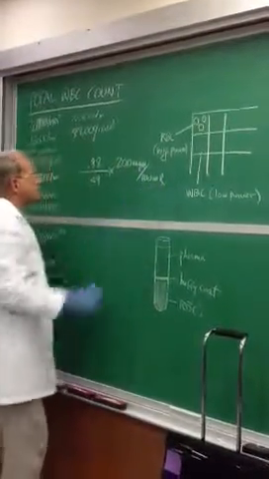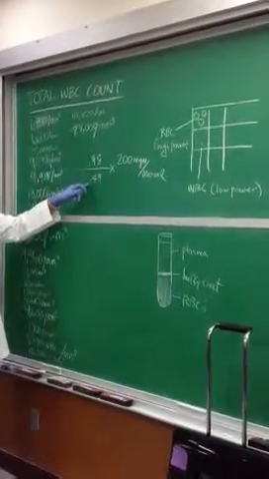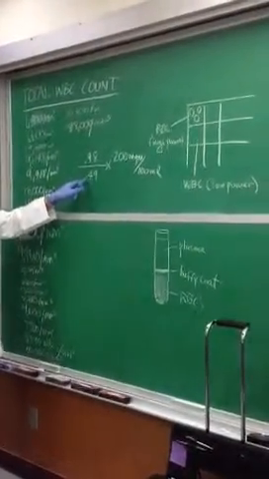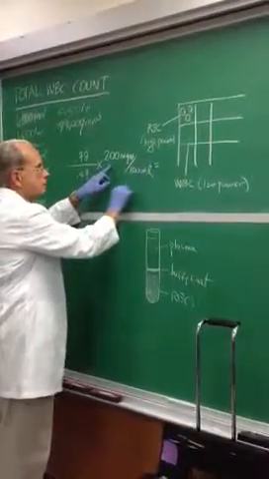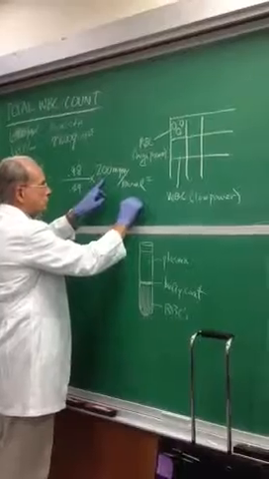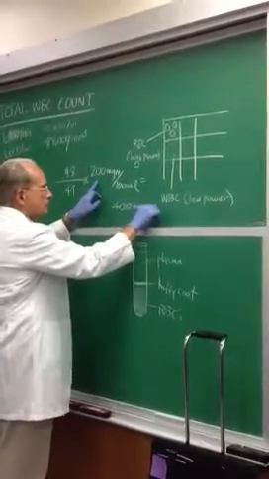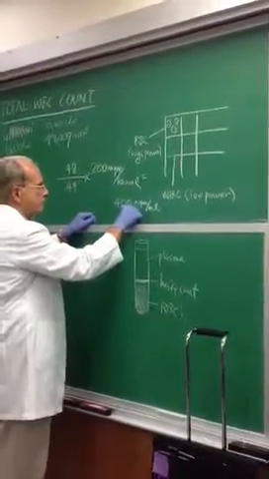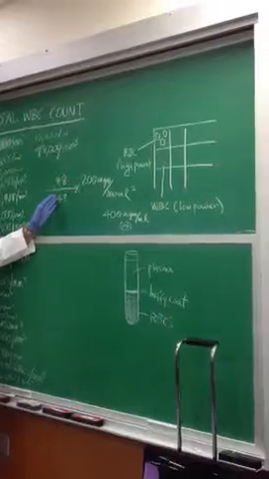Well, it just so happens I can do that in my head. This number is twice this one, isn't it? So 2 times 200 is 400. 400 milligrams per 100 milliliters for our patient. This is our patient. All right? So it's just a ratio.